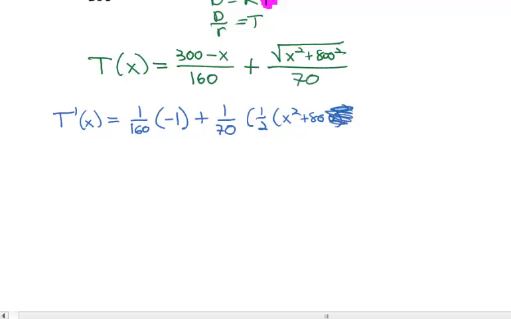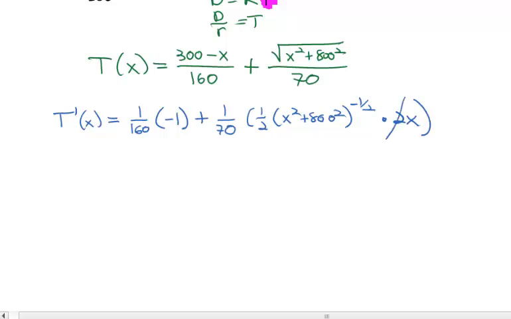Oops, 800 squared. Square the 800, not the whole thing. All that to the -1/2, times the derivative of the inside, which is 2x.